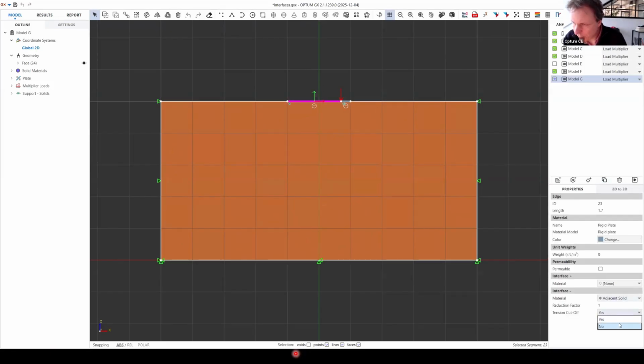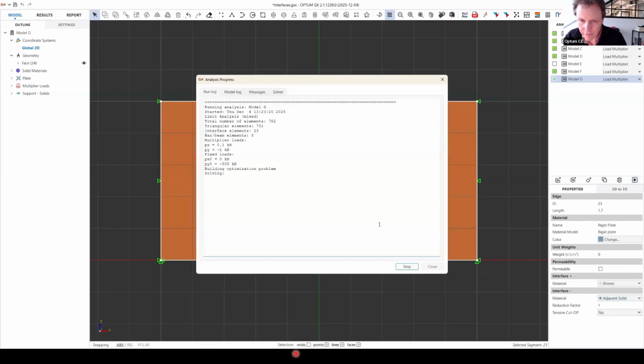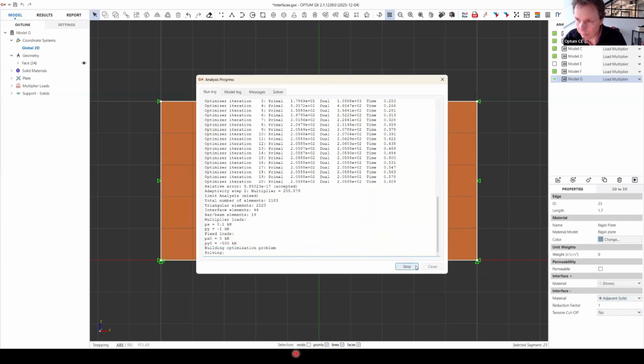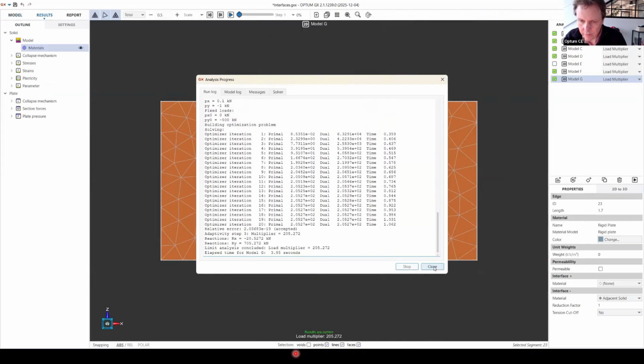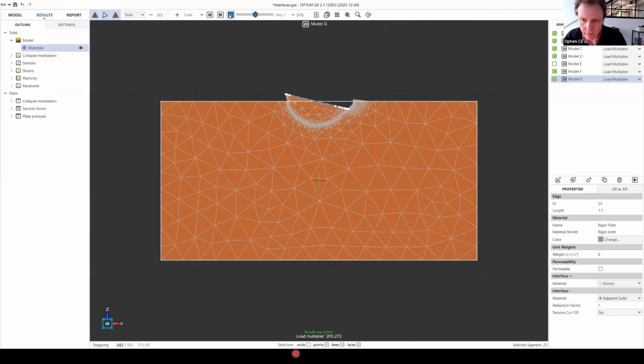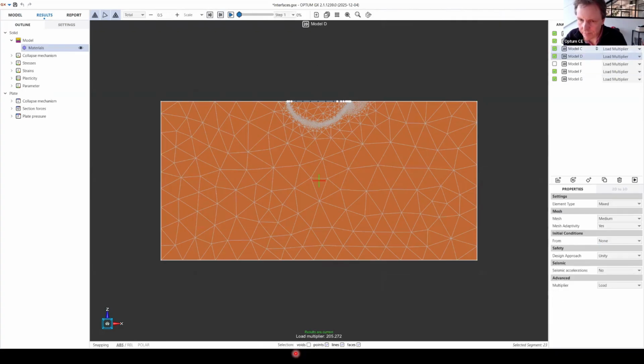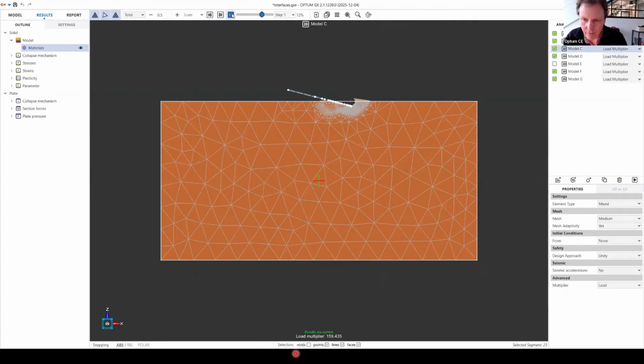So tension cutoff, no. You would have something where the soil would stick to the foundation. So it would sort of look like that, which is usually not realistic. You would think this would be more along the lines of what you would expect with a high eccentricity. So that's taken care of, so to speak, automatically.